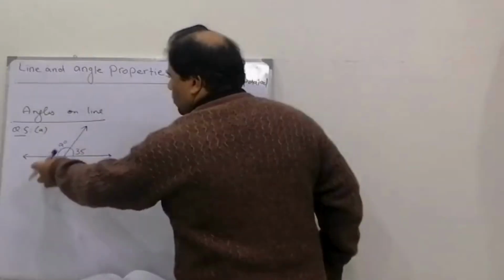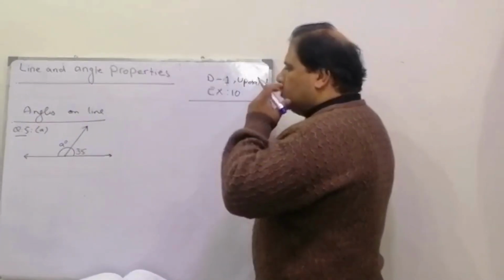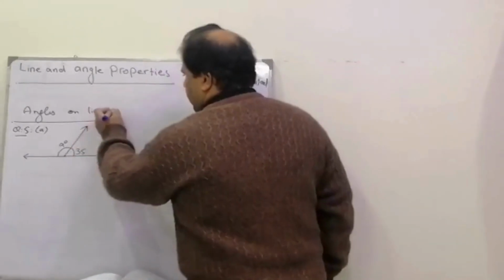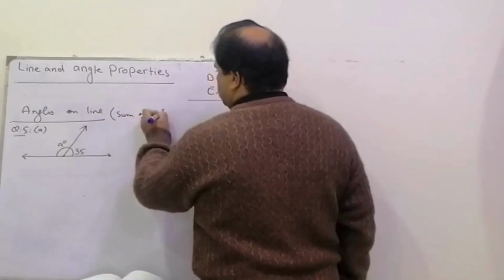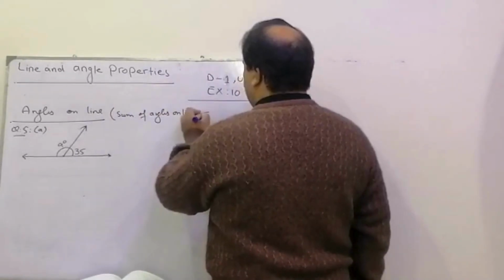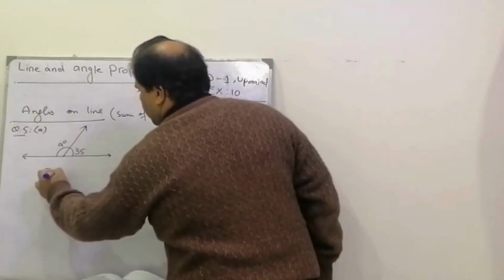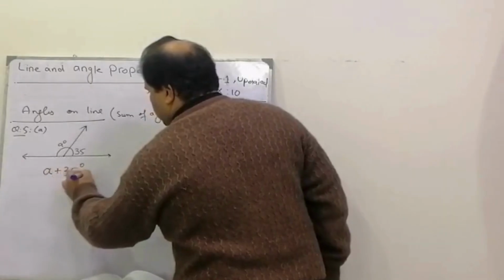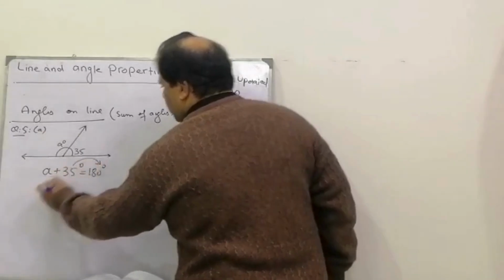Now we know that the sum of angles on a line is always 180 degrees. If I write it like this, A plus 35 degrees equals 180 degrees. Now we move this 35 to the other side.